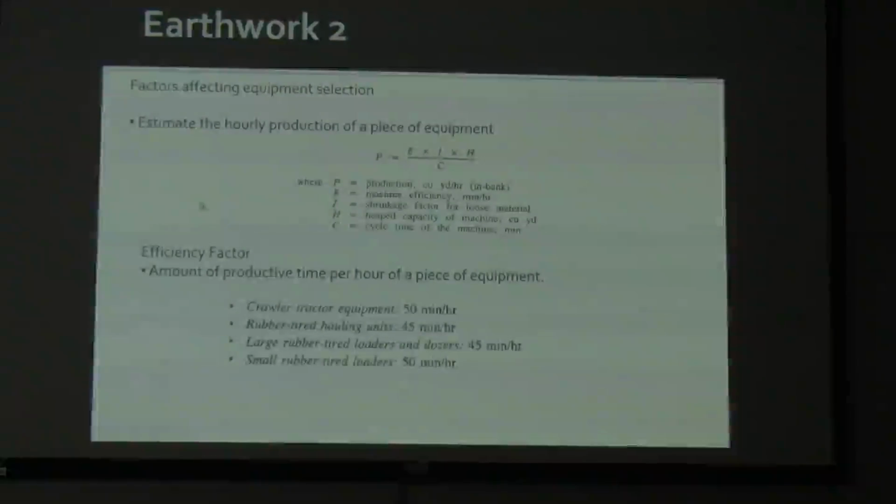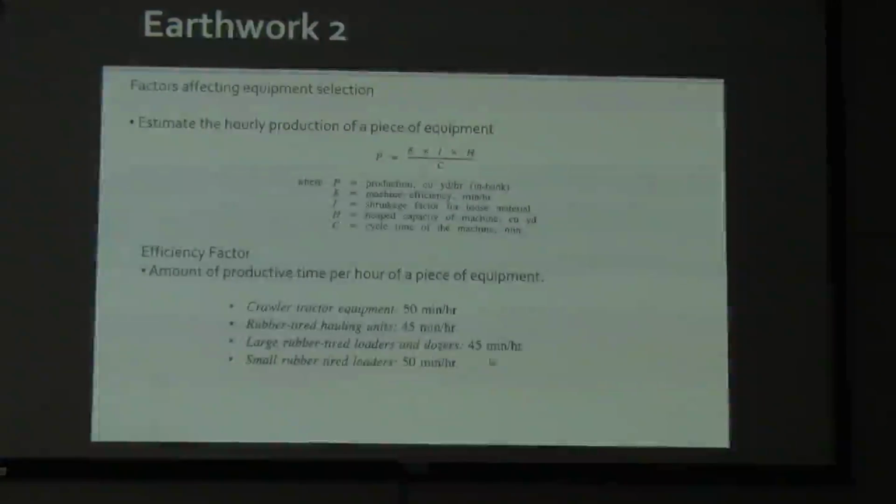Again, we're taking another look at the production formula here. The efficiency factor, E, is the amount of productive time per hour of a piece of equipment. In other words, no equipment is 100% efficient. So crawler tractor equipment is efficient for 50 minutes per hour. Rubber tire hauling units, 45 minutes per hour.